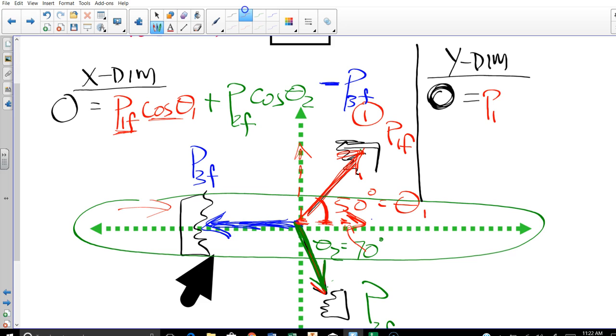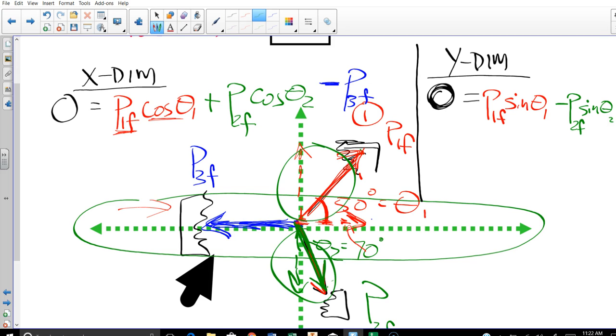I would go P1 final sine theta 1, minus, because its y component for the green one is down, so minus P2 final sine theta 2. Yes, because these two are opposed to each other.